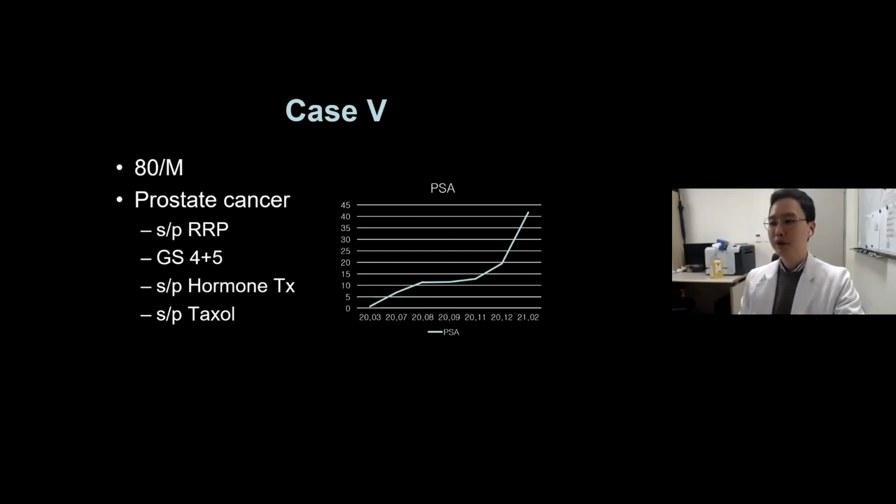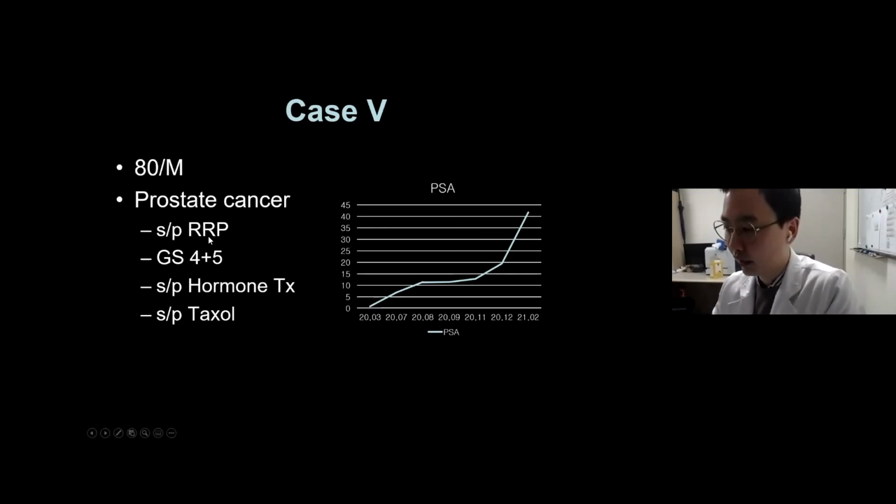The fifth case is an 80-year-old male patient who has prostate cancer and had surgery, with a Gleason score of 4+5, and had hormone therapy. But because of bone metastasis again in the thoracic spine, the patient was additionally given Taxol-based chemotherapy in 2020.